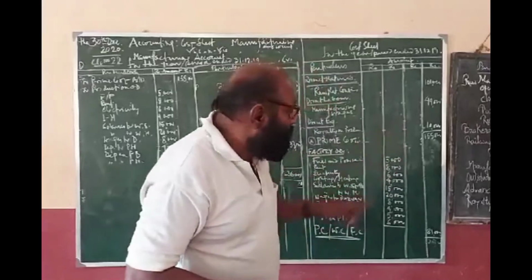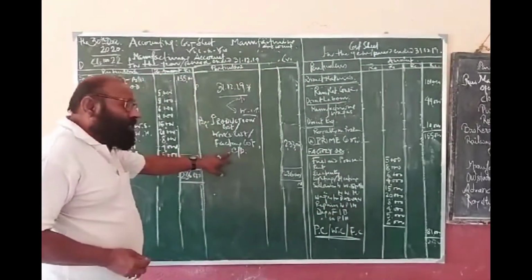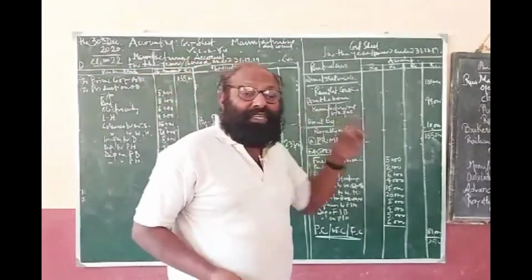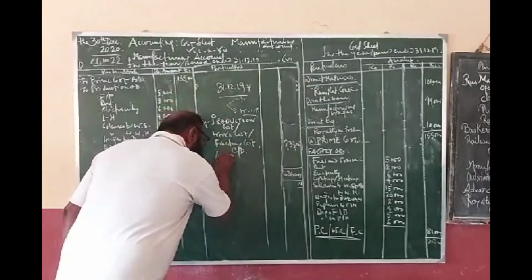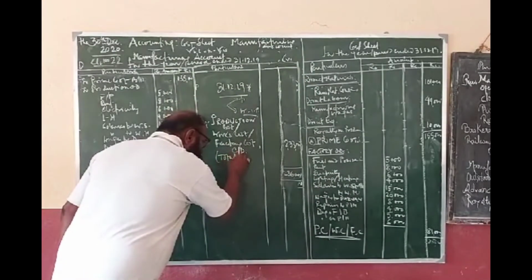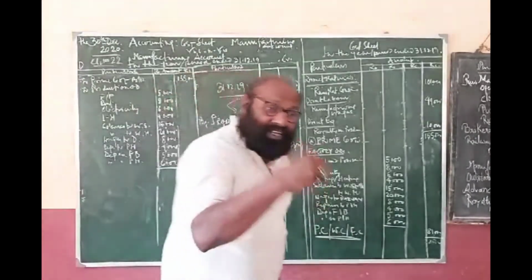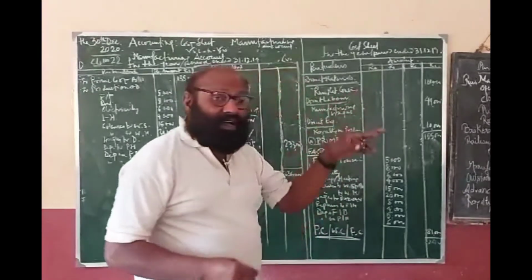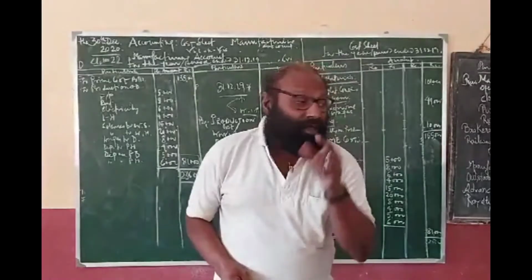So from the factory cost, we should deduct the closing work in progress. My dear friend, this is the total factory cost incurred this year. Clear? But we are interested in finding out the cost of the finished goods and the cost of the goods sold.